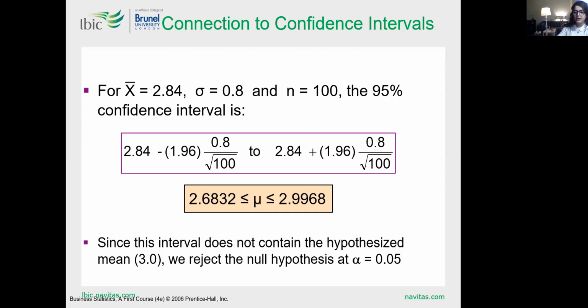We do have a known standard deviation, so we're going to use the z-score. Based on the 95% confidence interval, we have a confidence level of 0.95, which should be subtracted from 1, and then we're going to have an alpha of 0.05, and then the z-value for that alpha.